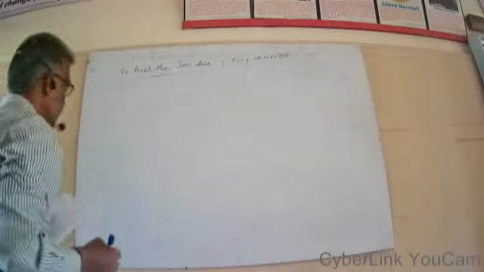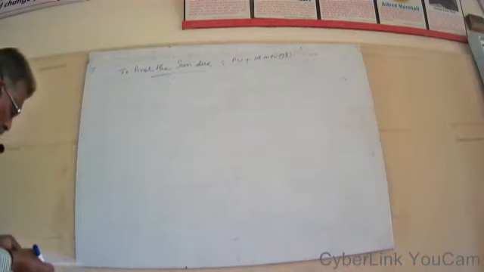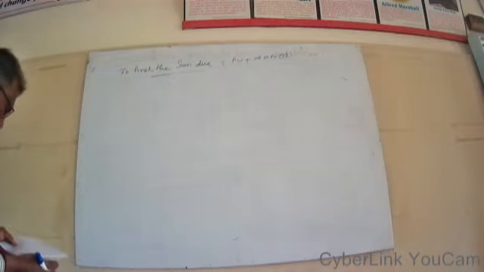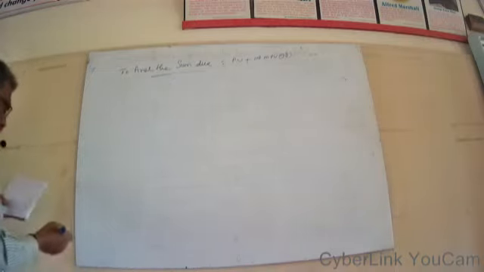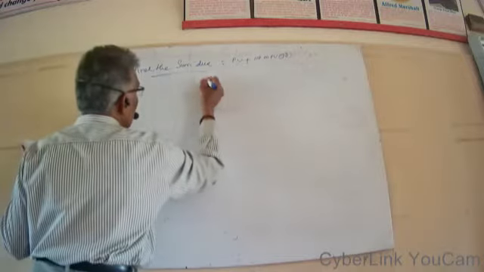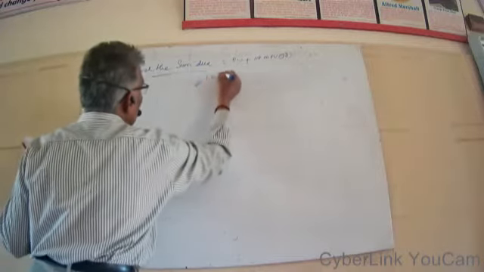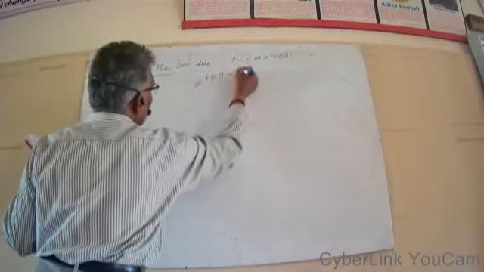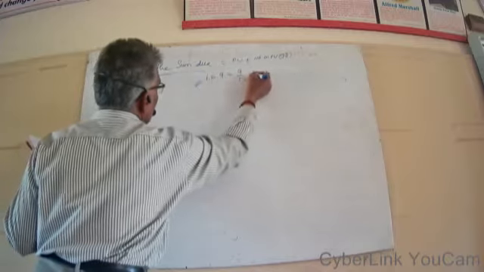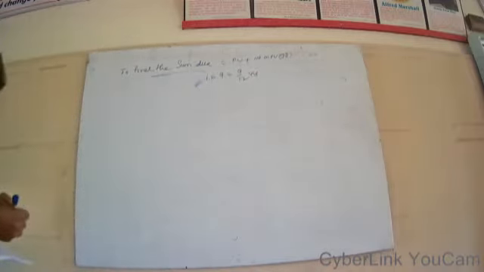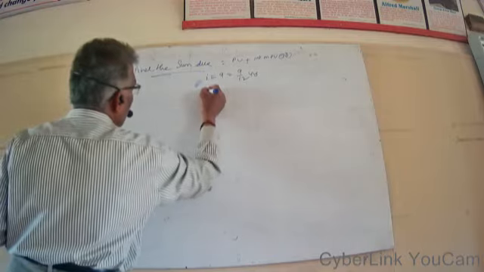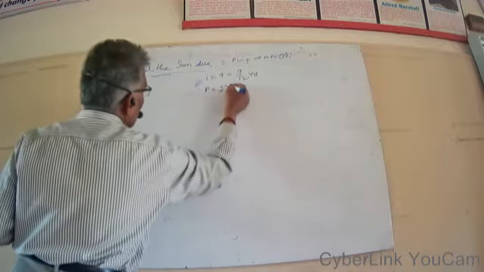So take up an example. The present value of a certain sum of money due in 9 months, n equals 9 months, equals 9 divided by 12 years, and hence it is 2750 rupees.